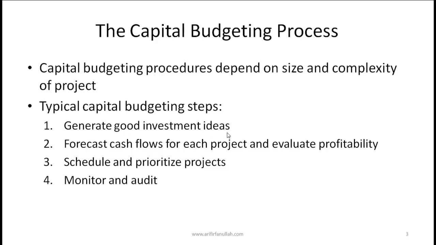Then for each of these potential projects, we need to forecast cash flows and evaluate the profitability of each project, and then schedule and prioritize projects based on which one has higher net present value, and also take into account the strategic significance of each project.